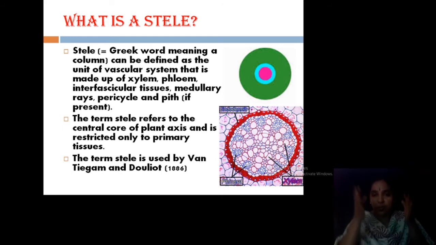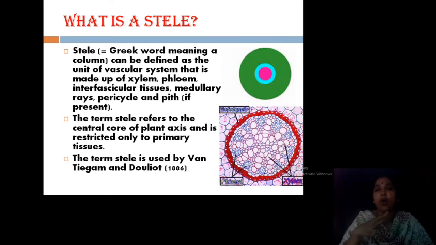Okay. So, while constructing the pillar, you put thick concrete inside. So, that maintains your entire house with strength. Okay. Likewise, every plant has a stellar system at its center or core part. Okay. So, this is the pillar of the plant.